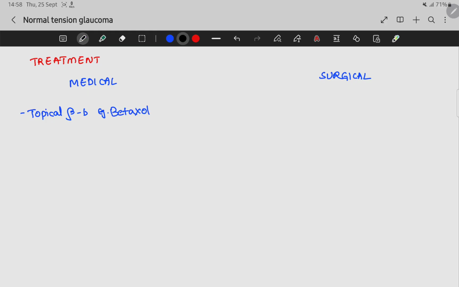This betaxolol is very useful because it has neuroprotective action. So this is the drug of choice in these patients, and here the target IOP is 30% reduction.